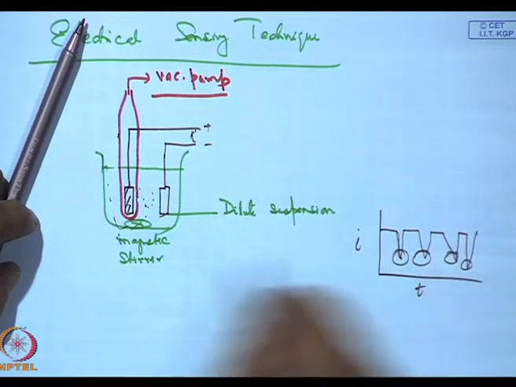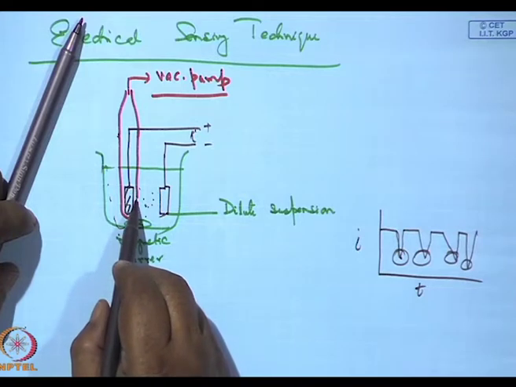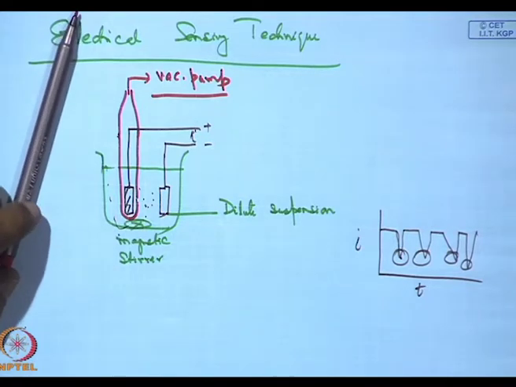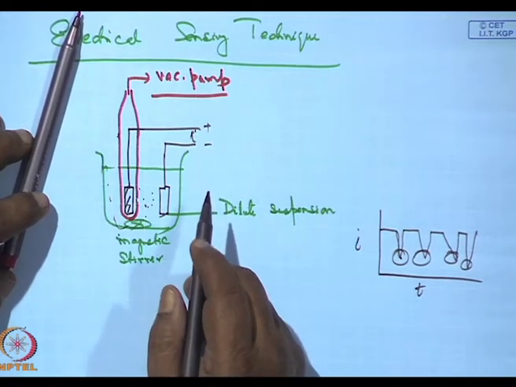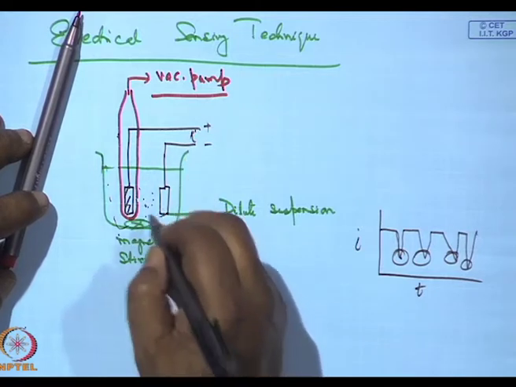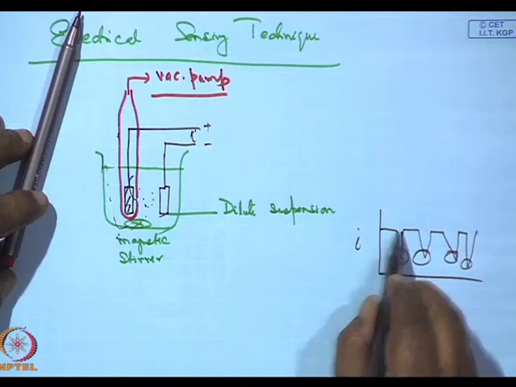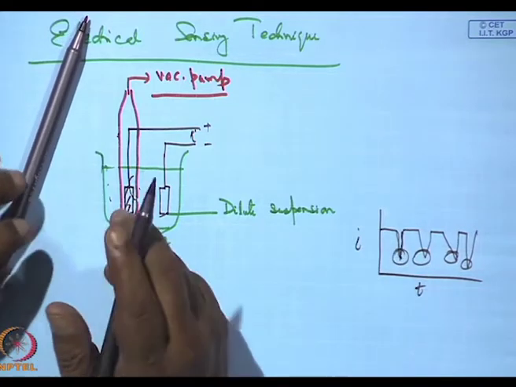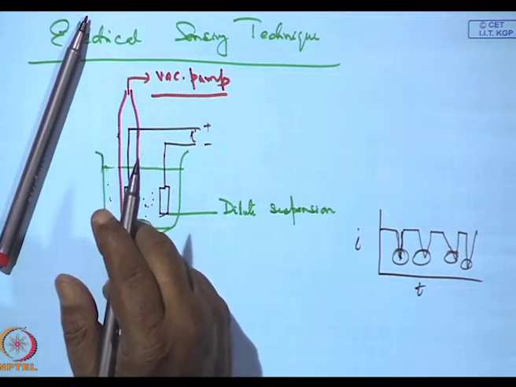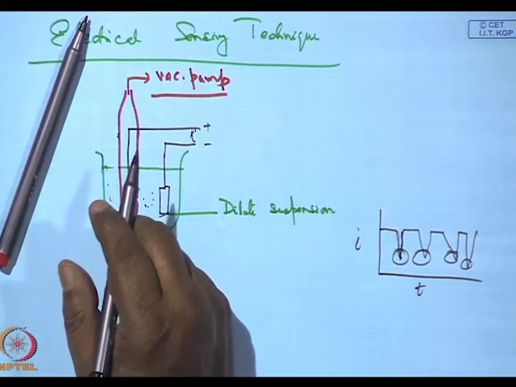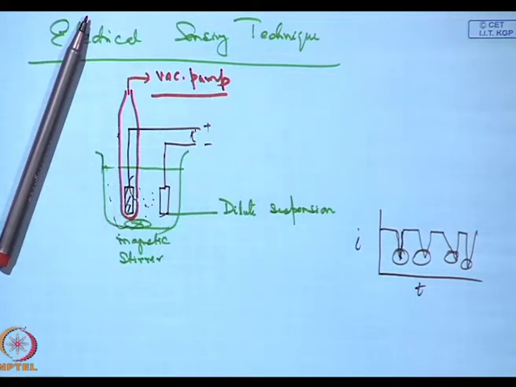Why is the current low? Because this particle is blocking the orifice. Use of the vacuum pump helps in dislodging this particle, so the current drops and then goes back. But by this particular technique, and by varying the aperture, we can have an idea of the sizes of particles.